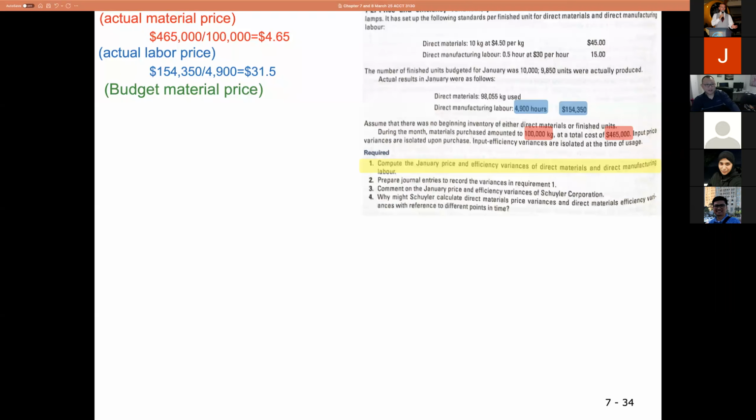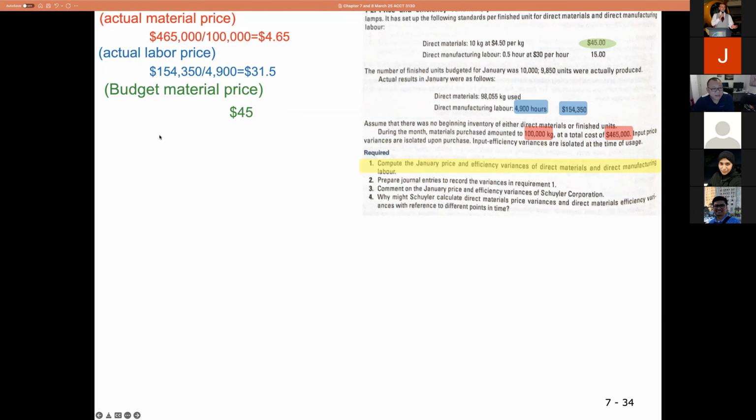Yeah, very good. Yeah, 4.5. $5, sorry. Because it has to be close to the 4.65, right? If you can't find it, you can see that number has to be close to this number, right? So the reason why I use the 4.5 is because we are talking about the 10 kilograms, right?